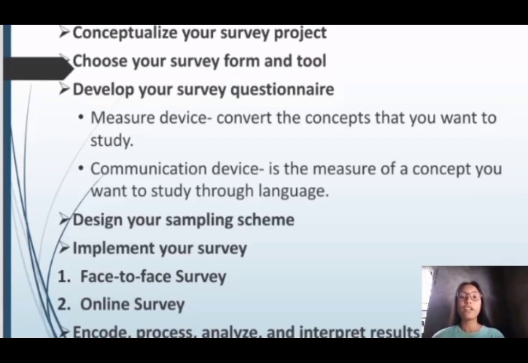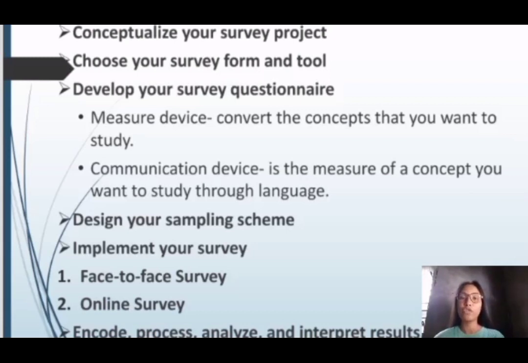The survey questionnaire facilitates communication between the researcher and the respondents. You have to set your questionnaire to ask your respondents to address your study's problem and objectives. The survey questionnaire serves two important functions, which are the measuring device and the communication device.